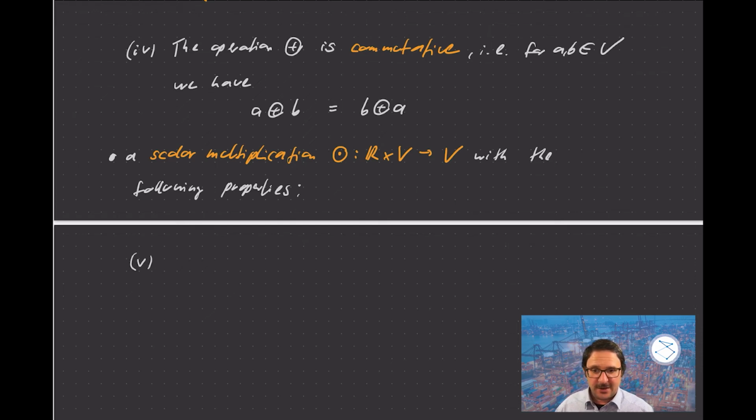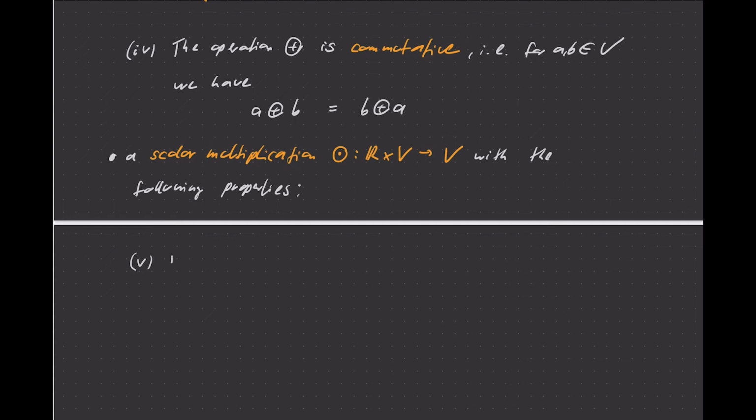But again, what we want is the existence of a scalar neutral element. So an element such that multiplying a vector by that element does not change the vector. So there exists a scalar neutral element. This element is usually denoted by 1, called the 1 element.